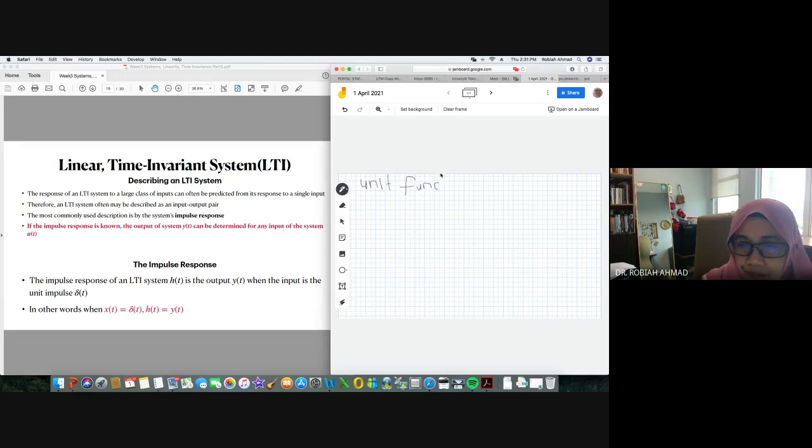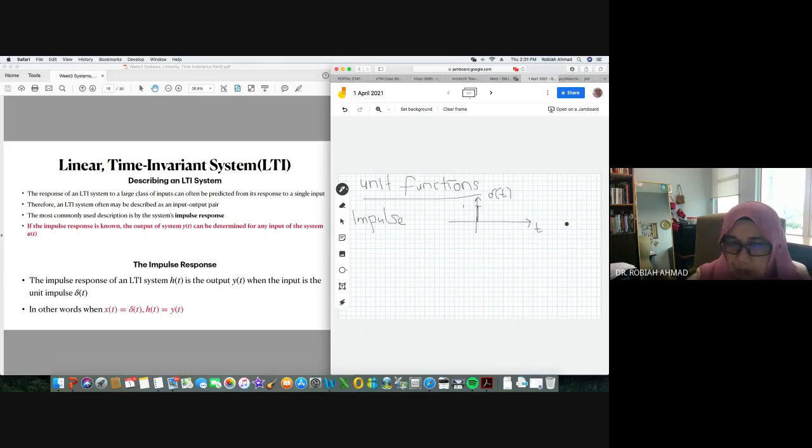Yang kita ada impulse, one of it is impulse, and then we have unit, and then we have ramp. So kalau impulse di sini, usually the symbol is, kita panggil sini delta. Okay, let's say unit impulse. Unit impulse maknanya dia satu lah.